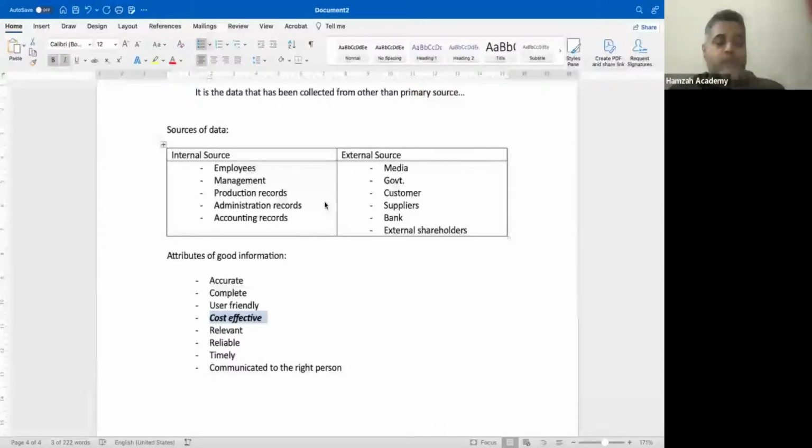Now, the information is accurate, complete, user friendly, cost effective, relevant, reliable, timely as well, but it's not communicated to the right person. You guys are from batch B of management accounting, not from FA, right? So if I communicate it to you, you are not the relevant person to talk about this, right? So this is one of the issues over here.